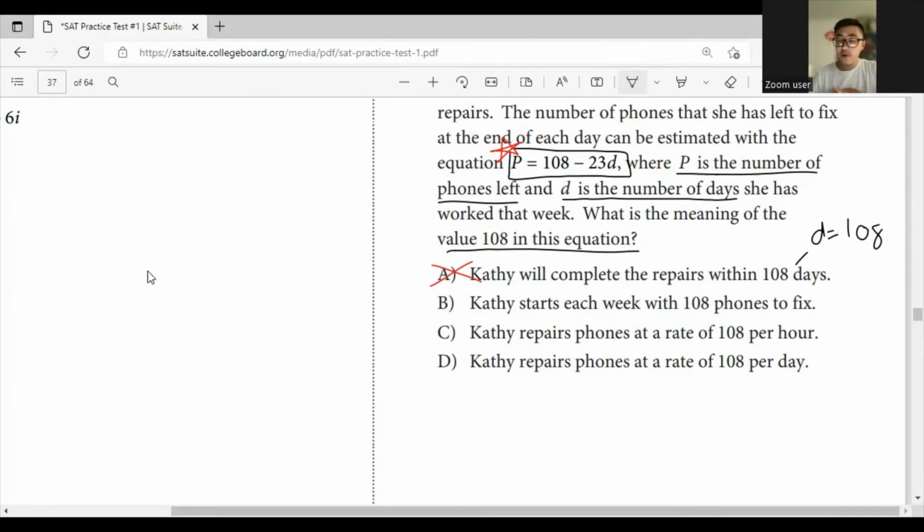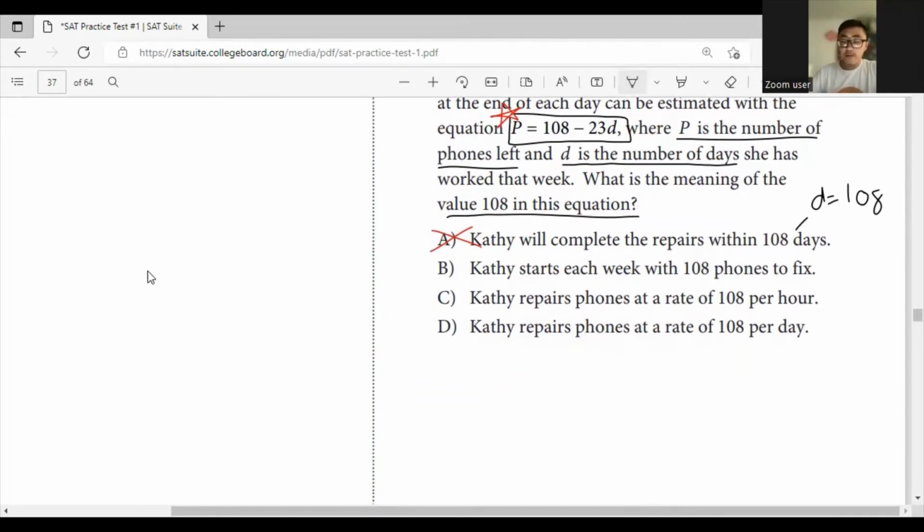Really, in this problem, I'm just interested in the setup for a linear equation, which is y equals mx plus b, which you should have learned in your Algebra 1 class, where I know that the rate is always going to look something like mx, right? Where m is the rate of change and x is your x variable. So I know that the 108 is not looking like the mx.